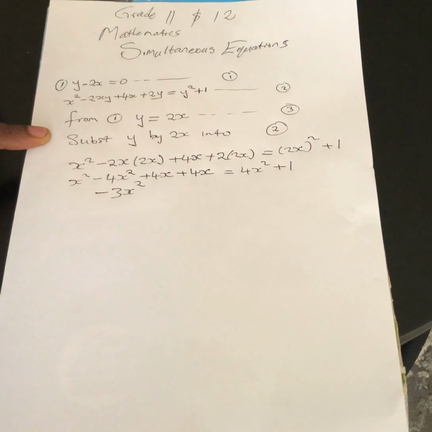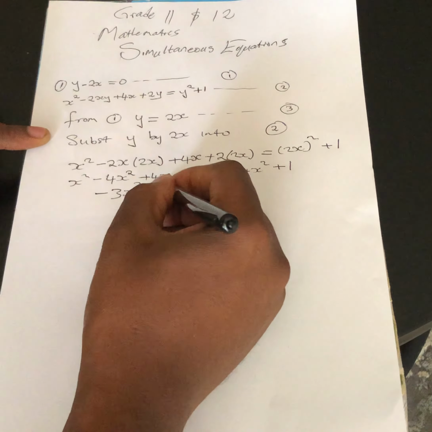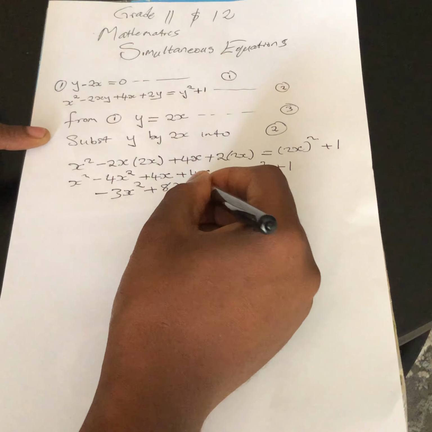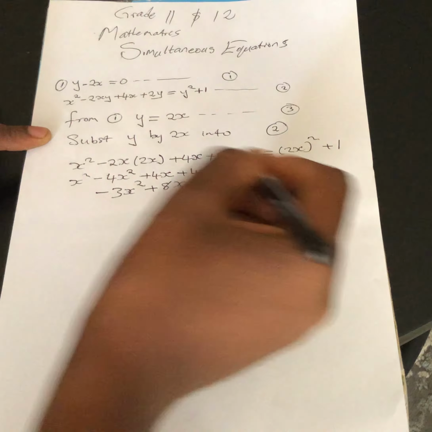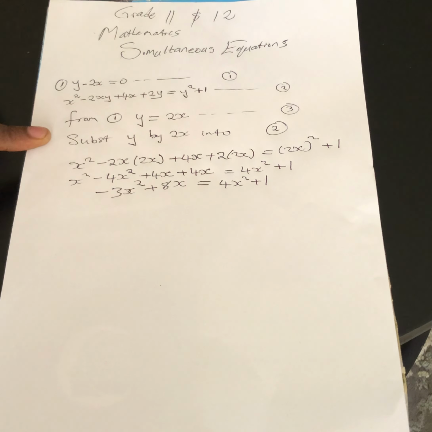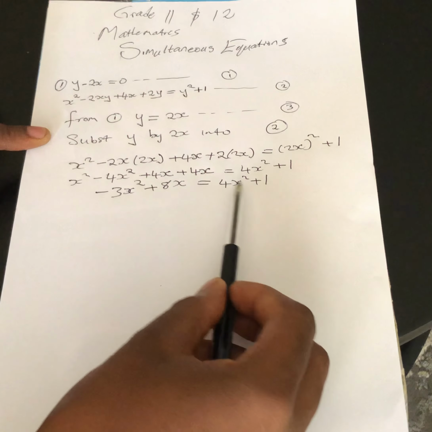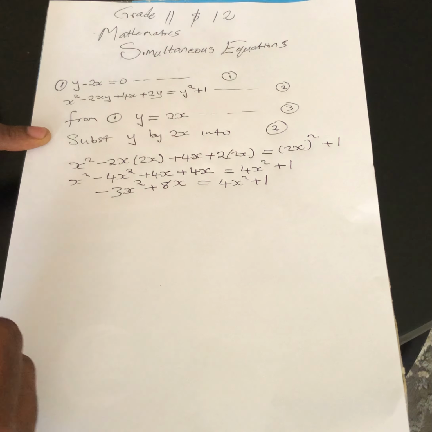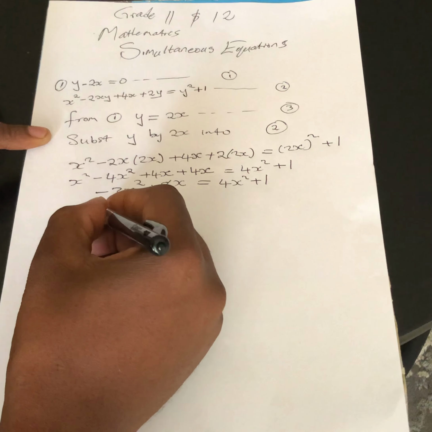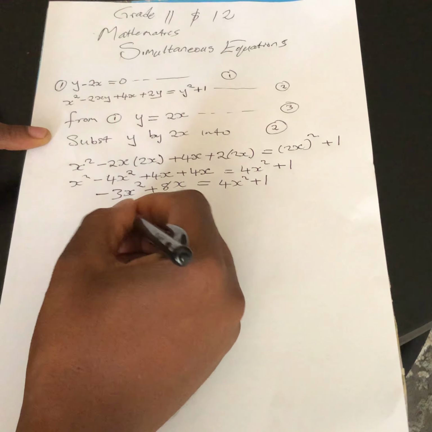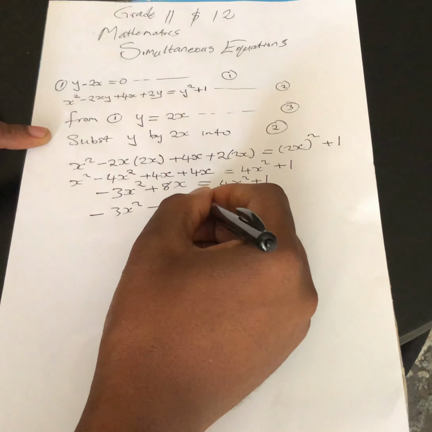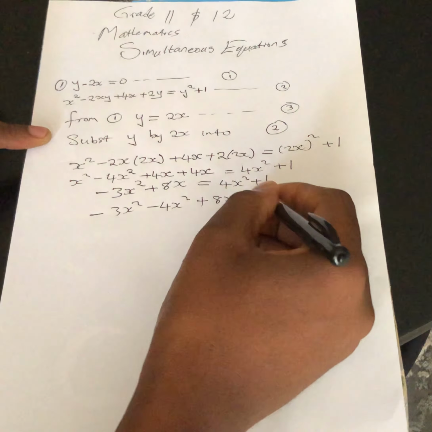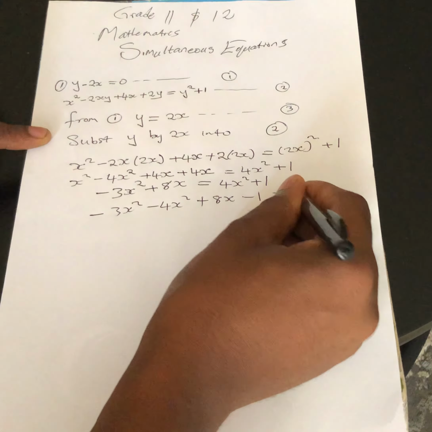The answer here is going to be plus 8x, which is equal to 4x squared plus 1. Now, our next step is to transpose these two numbers to the other side.